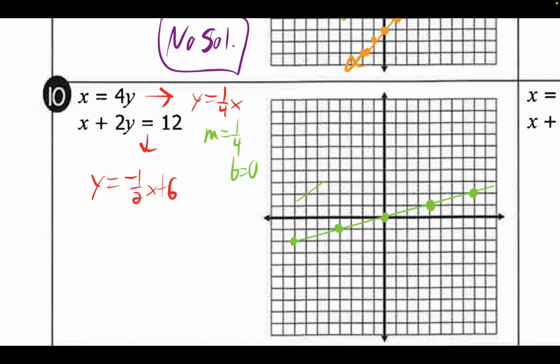Oh, eventually it went. Now as I graph my second one, slope of -1/2, my y-intercept of 6. And that is the ordered pair, 8, 2.